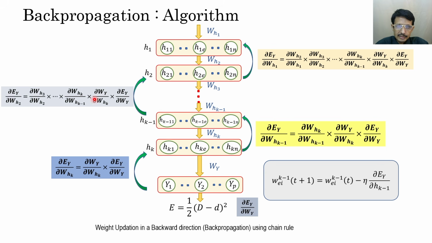And at every layer, this weight updation algorithm is used, where W at layer k minus 1 is updated in this way. So this is, as a whole, a summary of backpropagation.